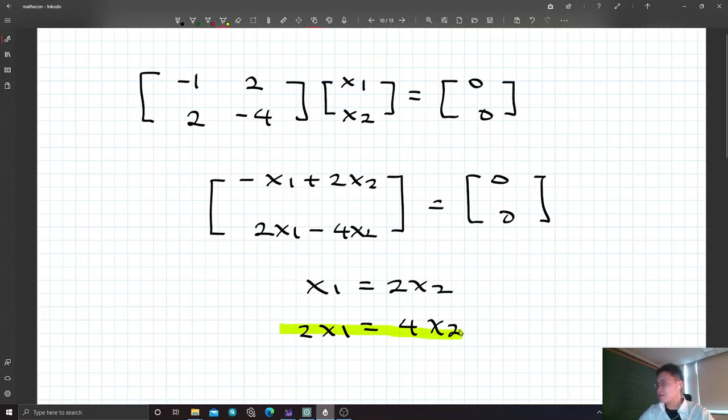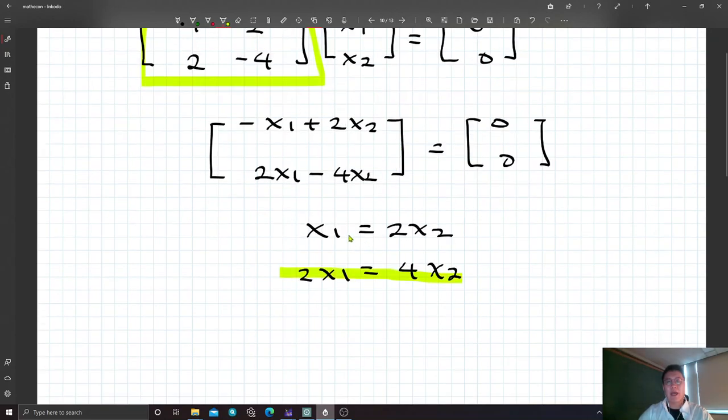That comes as no surprise. By the definition of eigenvalue, we make this coefficient matrix singular. So in this case, we have a non-trivial solution, a non-zero vector x1 and x2 that satisfies this given equation.